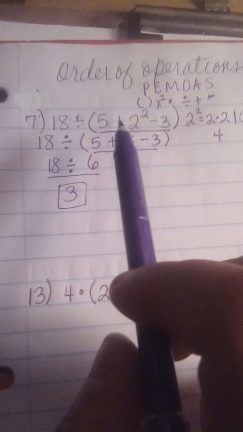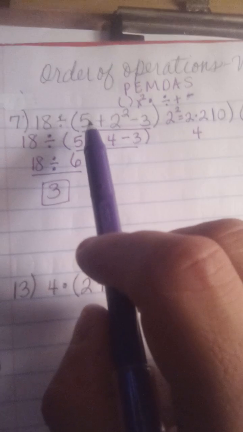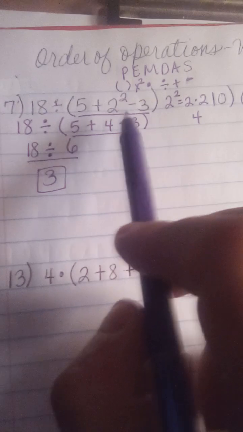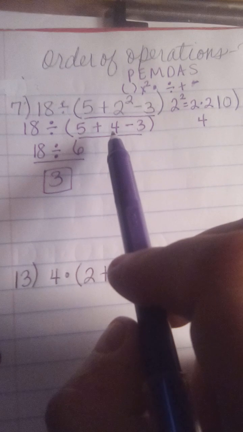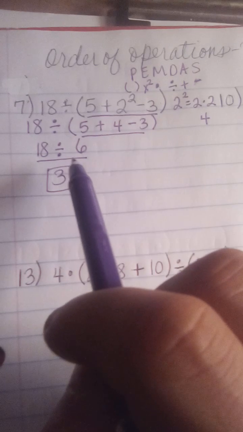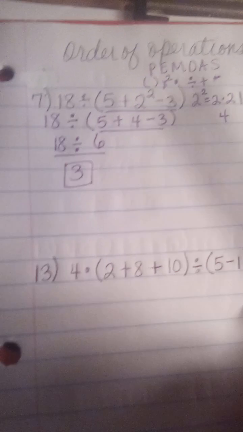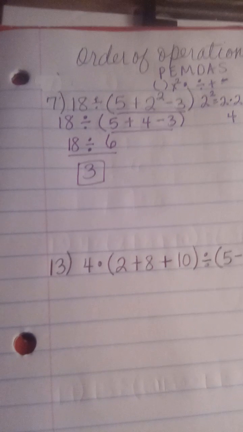So that is our final answer. That wasn't too bad. In order to make sure everything's on point, make sure you look through the parentheses first. Once you clear everything from the parentheses, then you follow what it says on the next step or beyond. In this case, you divide. 18 divided by 6 is 3. Any questions on number 7?